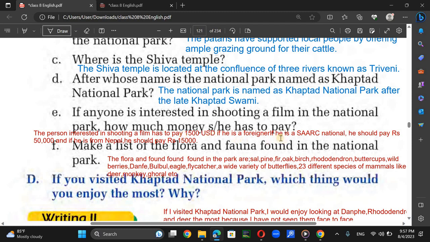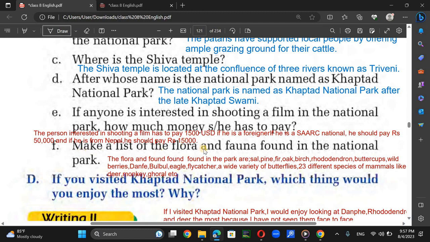In the same way, if a person is a SAARC national, he or she should pay 50,000 rupees. And if a person is from Nepal, he should pay only 15,000 Nepali rupees.